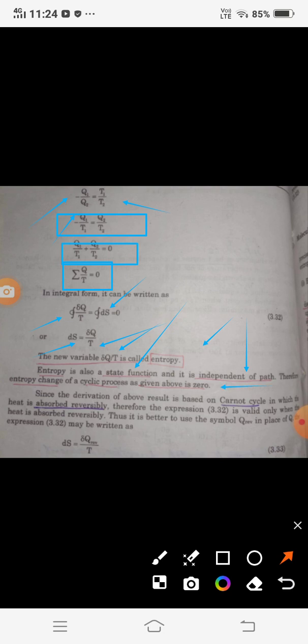Since the derivation is all about the reversible process in the Carnot cycle, it is better to use del Q reversible rather than simple del Q, so it is better to use the reversible symbol along with the heat symbol. So the equation finally becomes dS equals del Q reversible divided by T.